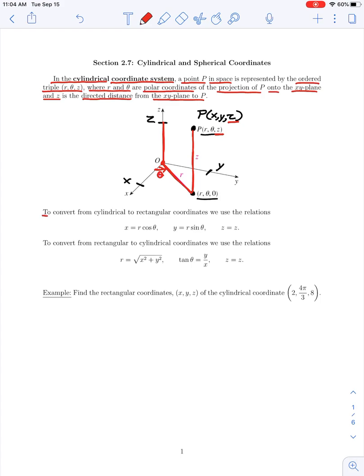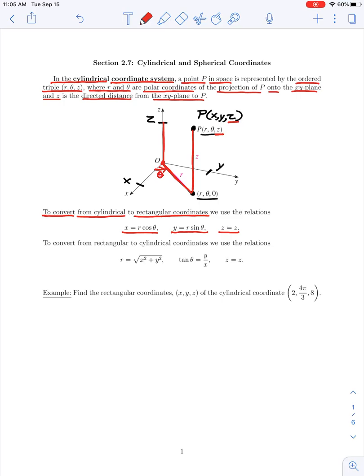To convert from cylindrical to rectangular coordinates, we're going to use the following relations. x, just as it was given in the polar coordinate system, would be r cosine of theta. y, as in the polar coordinate system, would be given by r sine of theta. And we've already said that the z coordinate for the cylindrical system is the same as the z coordinate for the rectangular system. So z will be equal to the z value that we had in cylindrical coordinates.